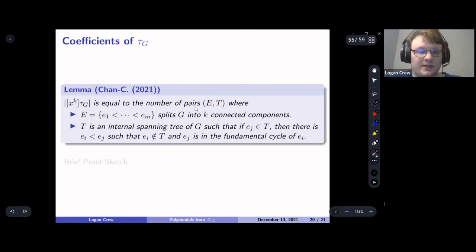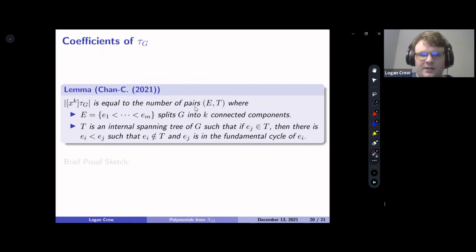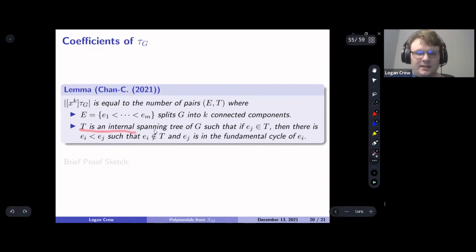It is possible to show that the absolute value, up to a predictable sign, of the coefficient of tau g is equal to the number of ordered pairs of edge sets and trees, where the edge set E is ordered, and it has some number m of edges, and it splits g into k connected components, a k cut set, and T is some internal spanning tree of g, with this special property that if one of the edges from E is in it, then there is some smaller edge that's not in it, and such that E_j is in its fundamental cycle, where here fundamental cycle means the unique cycle formed by adding E sub i to T.